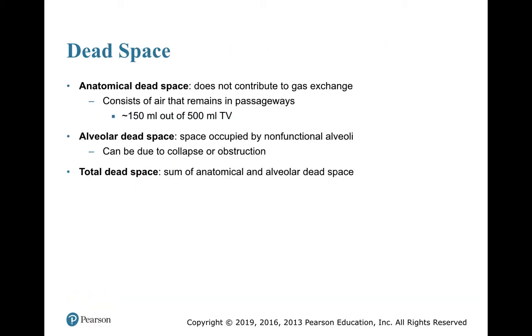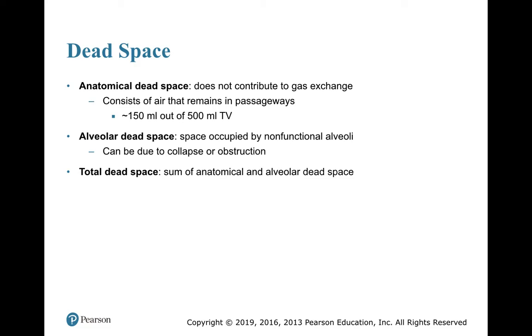The dead space in your lungs falls into 2 major classes. There's anatomical dead space. That's the part of your lungs that do not contribute to gas exchange. That consists of the air that's left in your conductive passageways of the lungs, and that should be about 150 milliliters of the 500 milliliters of total tidal volume.